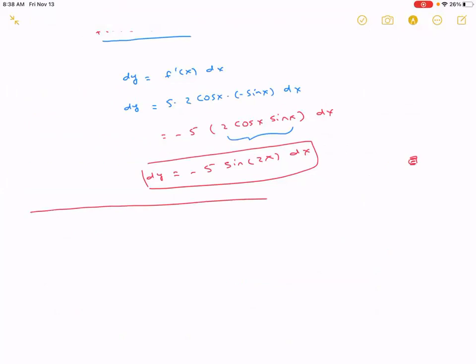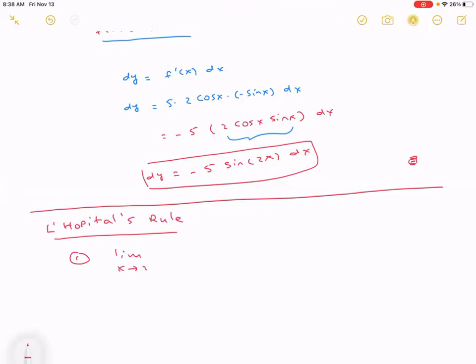I think you need to understand this. So the limit as x approaches 2, that is my 2, okay? The limit as x approaches 2 of x squared plus x minus 6 divided by x minus 2.